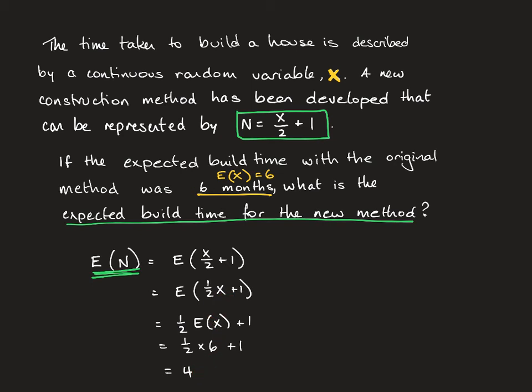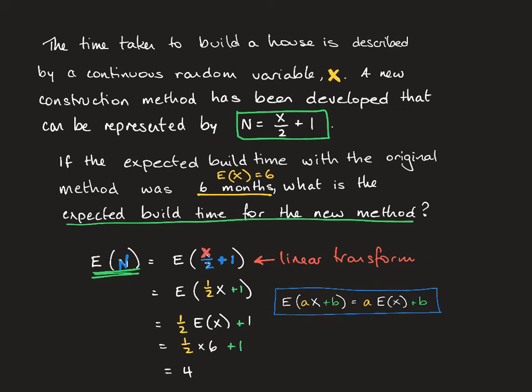So our n value here, I've replaced with the formula for n, which is now a linear transformation of x, because there's our x there. And so I can use that linear transformation formula that takes the a at the front and brings it out the front of E of x.